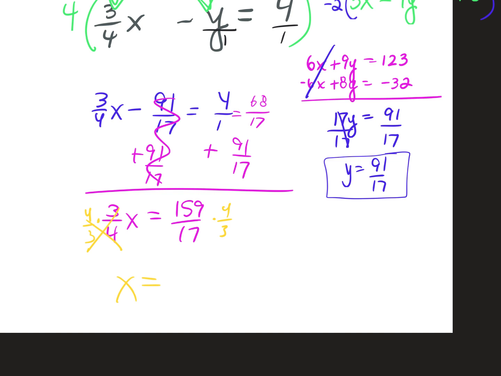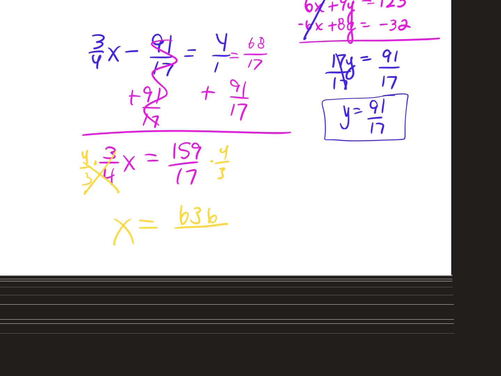I don't expect you guys to do all this in your head. What's 159 times 4? So 636 over what's 17 times 3? What is it? 51. 51, okay.